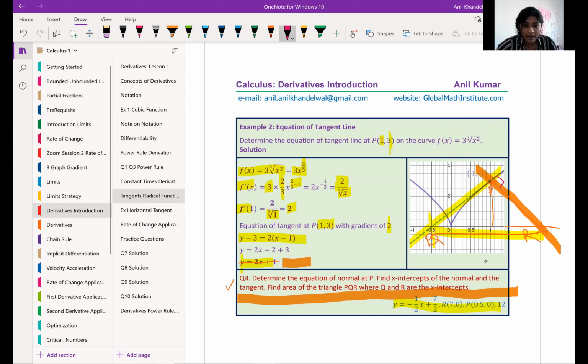So it's minus a half. So I did y equals minus a half x plus c. Then I substituted in the point. Yes. And when you put those values in, you get c as 7/2. So the equation of the normal at P is y equals minus a half x plus 7/2. Correct.